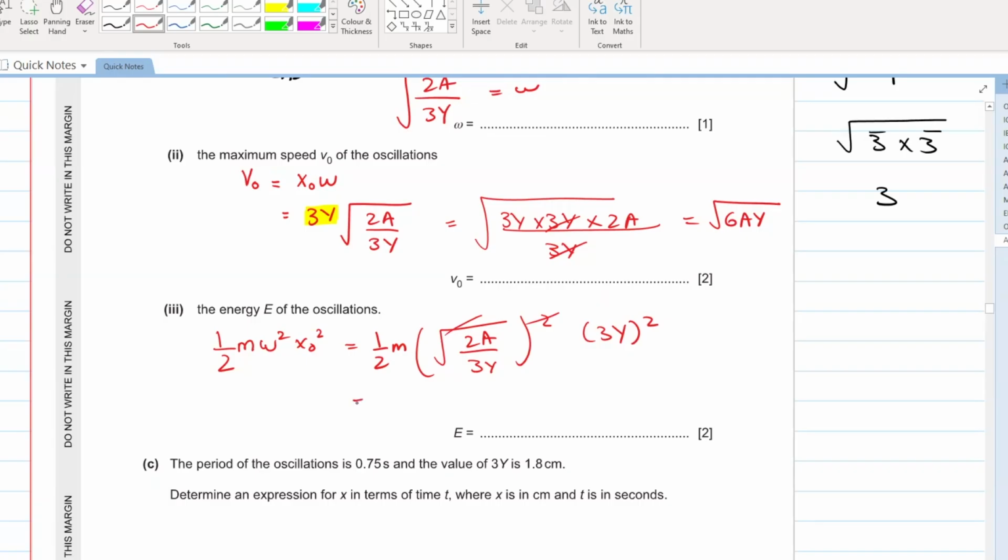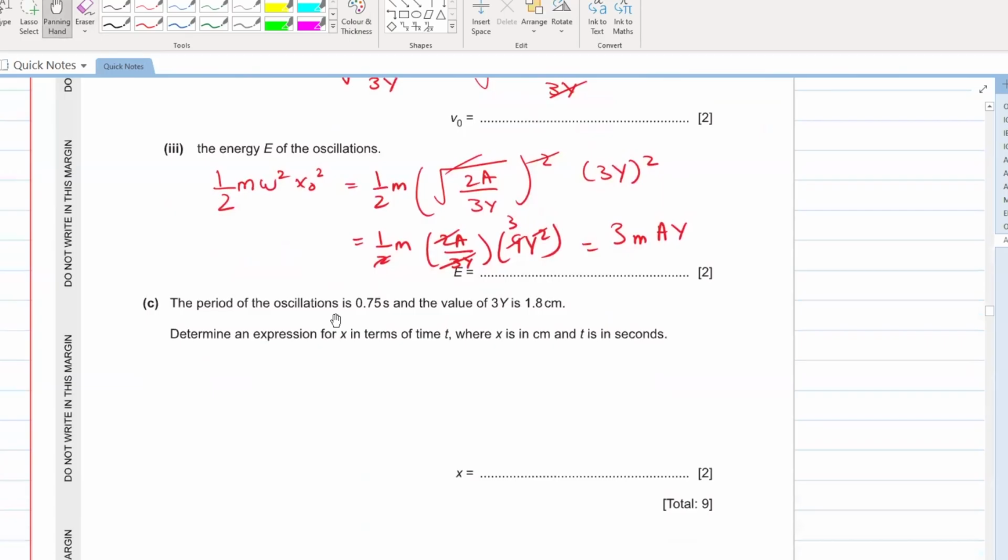This will become 1 upon 2 m into 2a over 3y into 9y square. 2 cancels out, y cancels out, this becomes y. This equals what? Not 6, only 3. 3 m a y is your total energy answer.